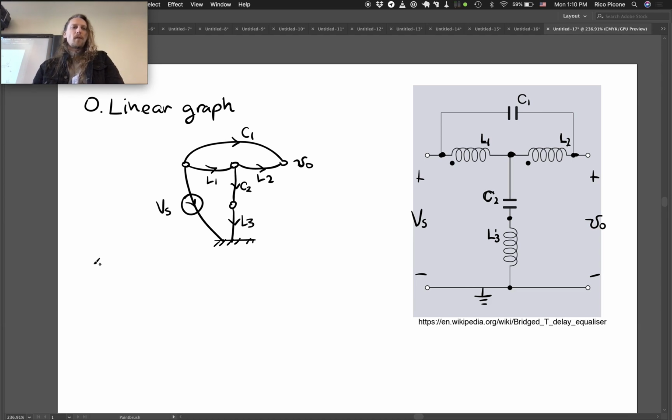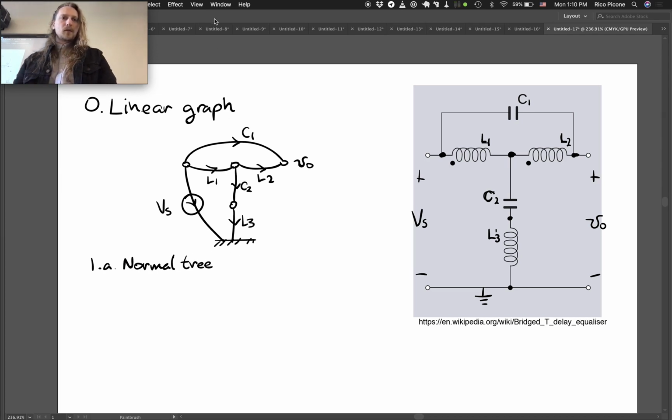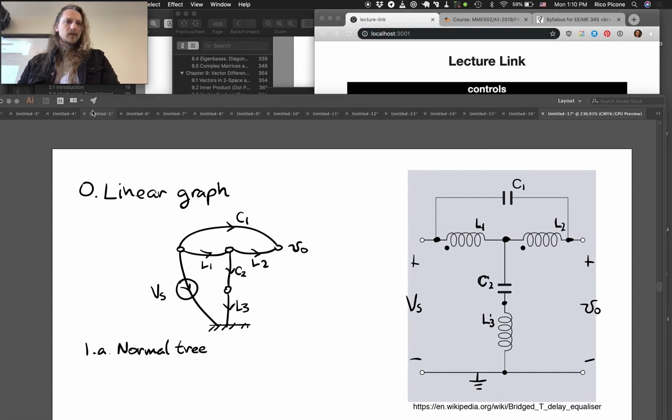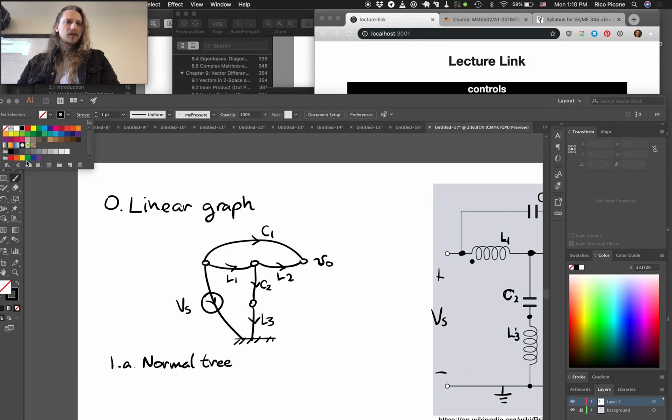So, well, 1A is the normal tree, right? Which let's use green for.